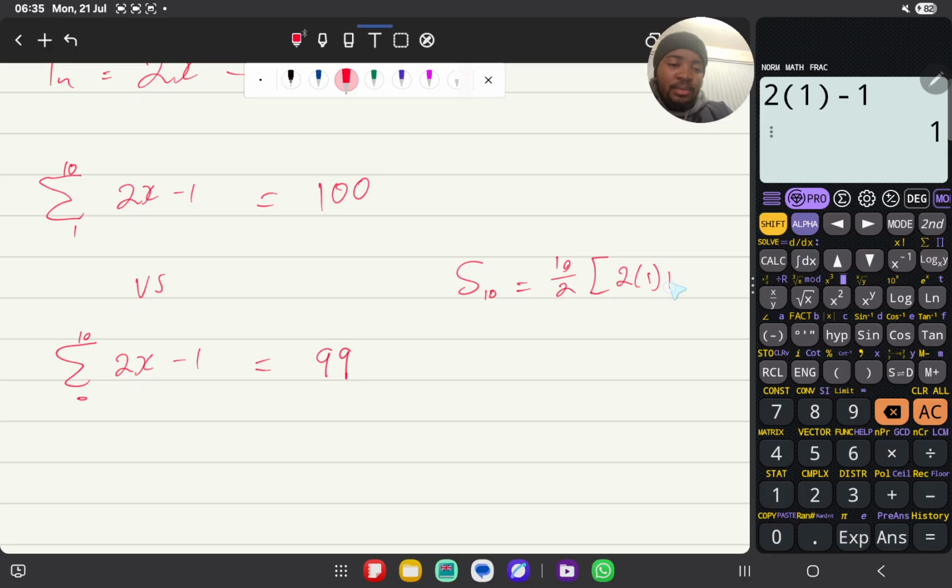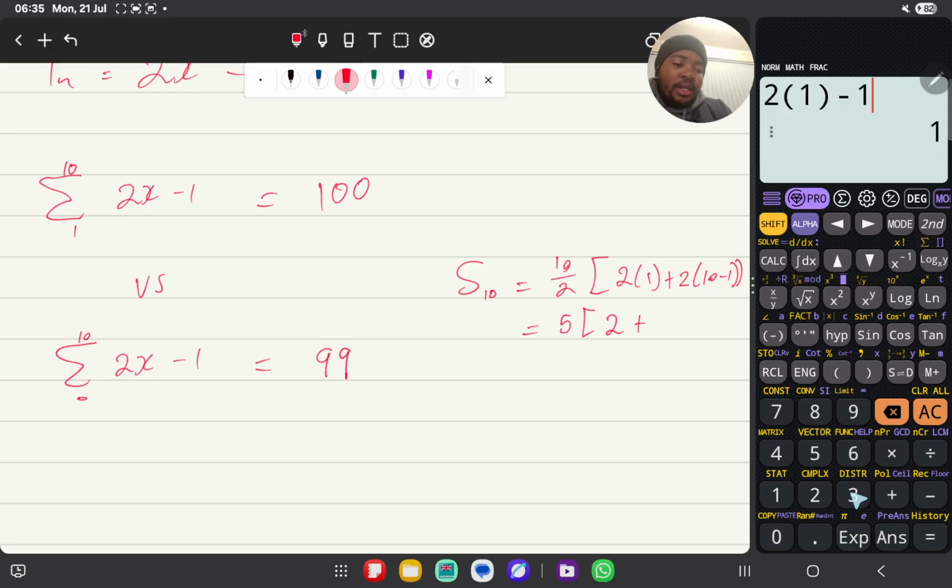And then plus d, which is 2, into n minus 1, which is 10 minus 1, that is 9.